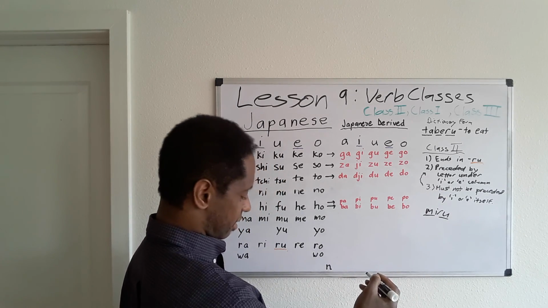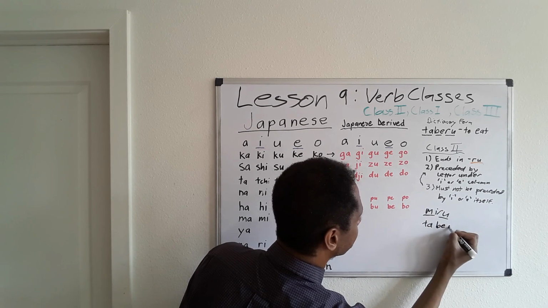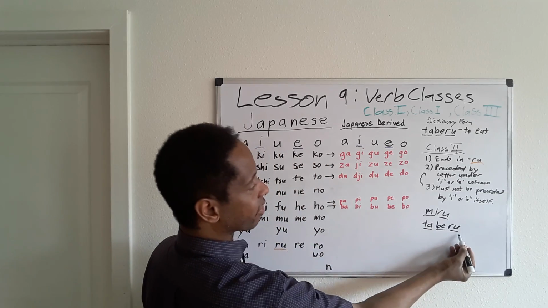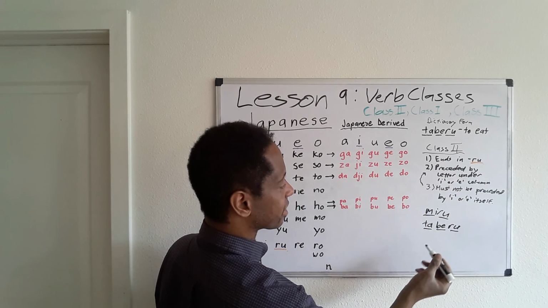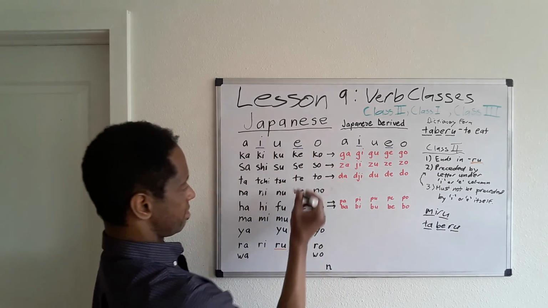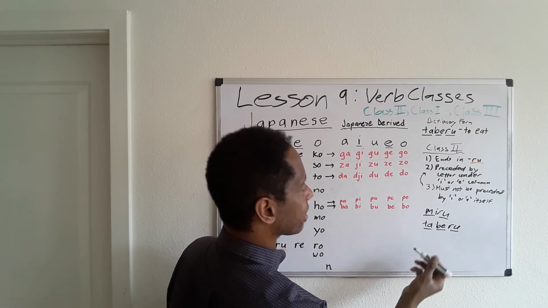Okay, let's once again look at taberu. Taberu. Ends in ru, satisfies condition 1. Immediately preceded by a letter under the I or E column, be. Right here is under the E column, satisfies condition 2.